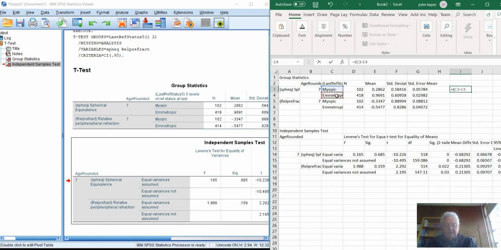So it's myope minus emmetrope divided by the average standard deviation. And what did it not like about that? Oh, oops. Let's do the mean.